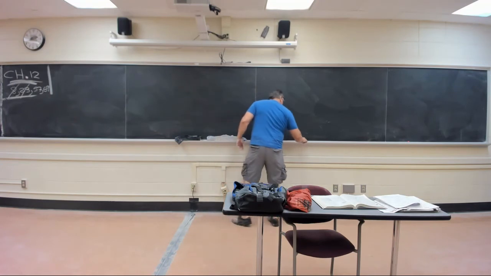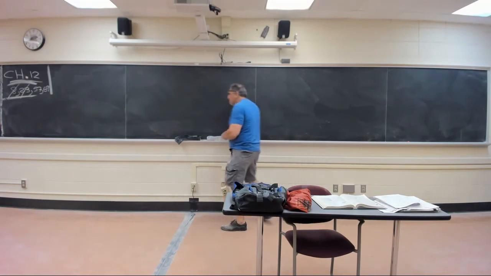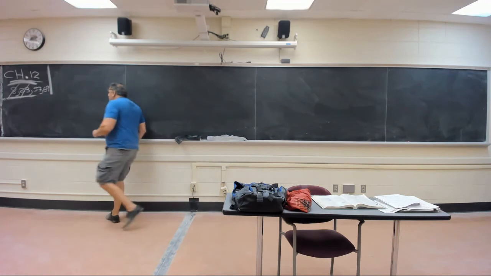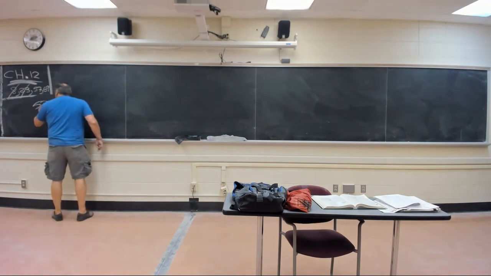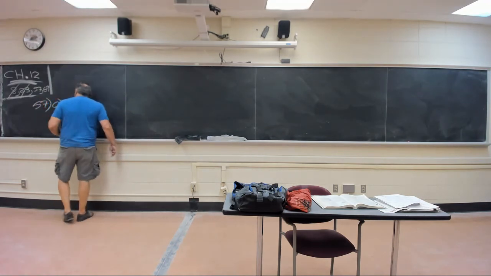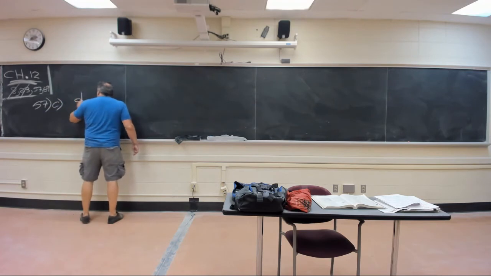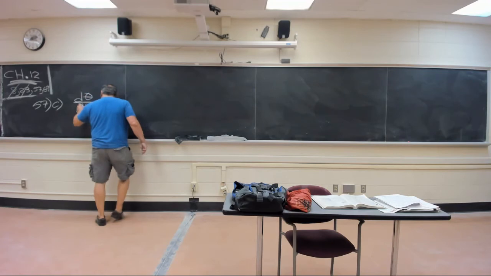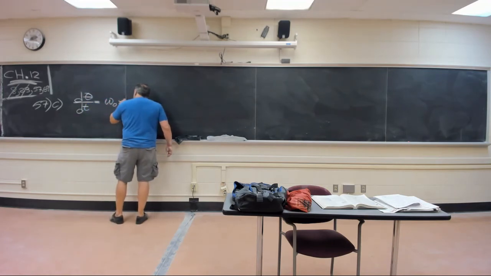Let's see what we can say, guys. So for 57C, again, we're remembering omega sub 0 e to the negative bt.